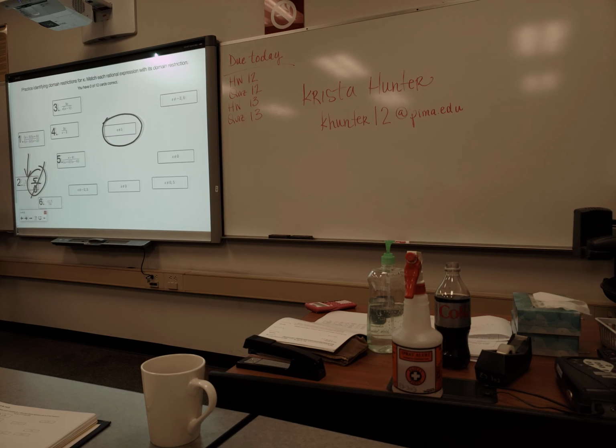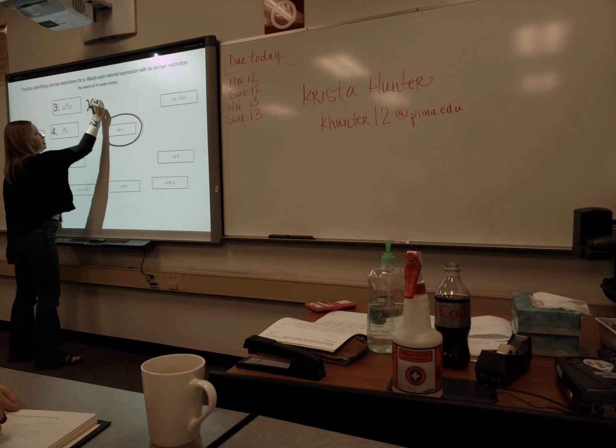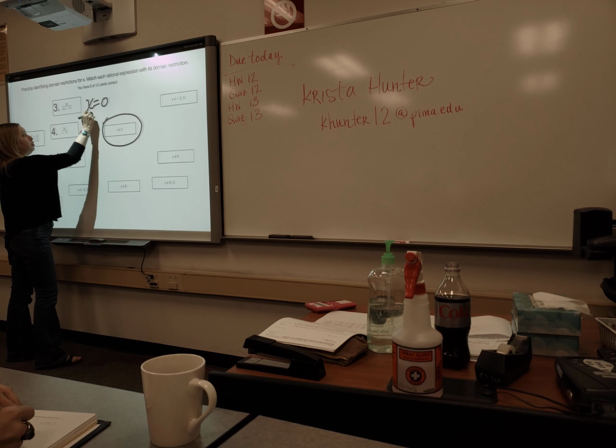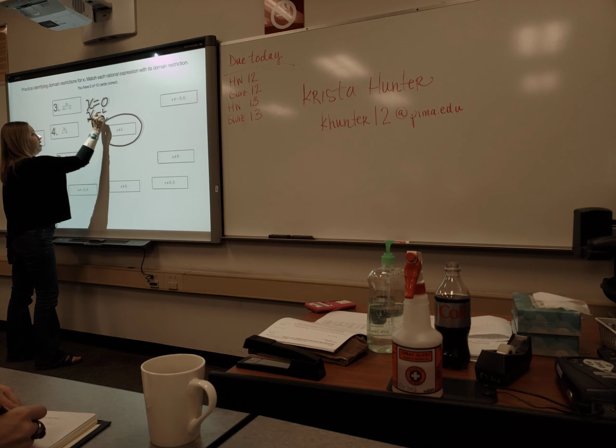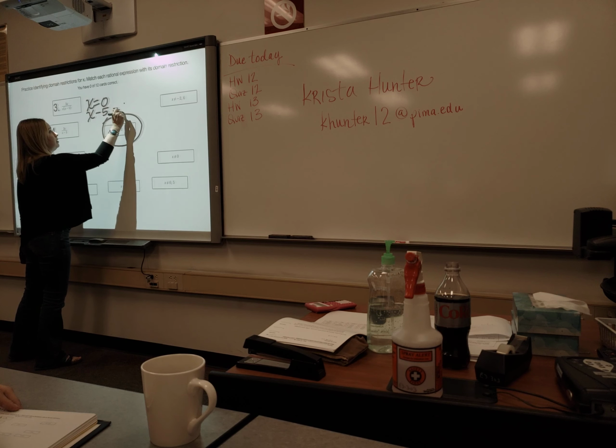Okay, so let's take a look at number 3. We have x as a factor and x minus 5 as a factor. So it looks like we're going to have 2 values for x that could make that denominator equal to 0. So number 3, we've got either x equals 0 or x minus 5 equals 0.